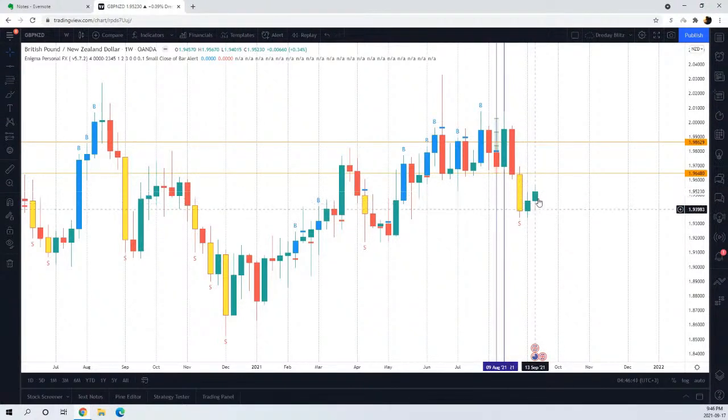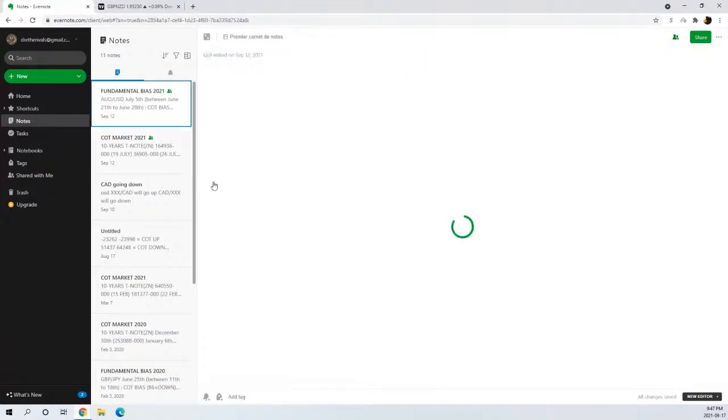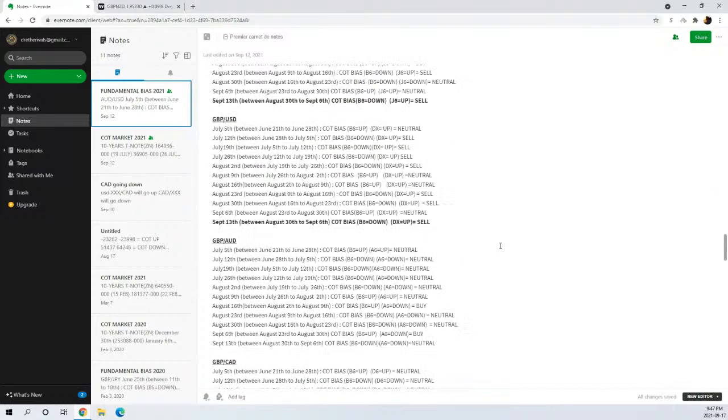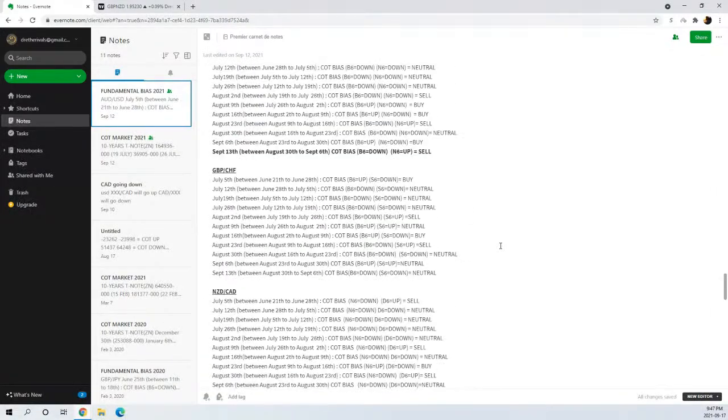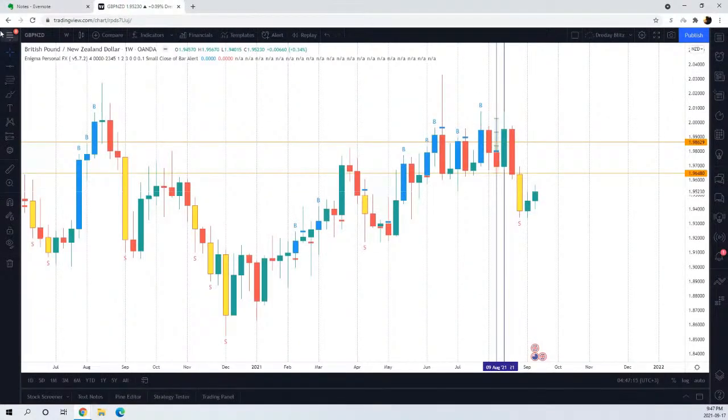There was a battle up and down, but New Zealand won and pushed the market up. Okay. So far we had one fundamental bias that was negative. Okay. Then NZD CHF, we had a buy.